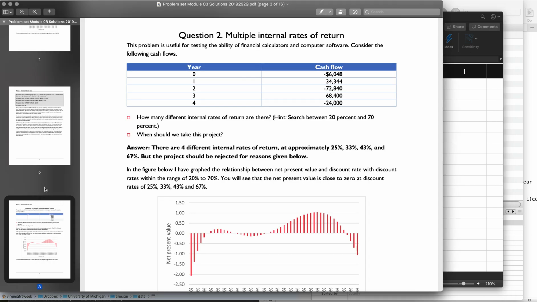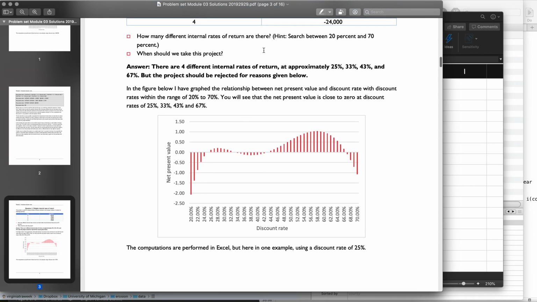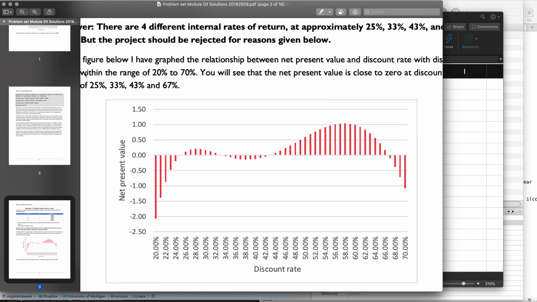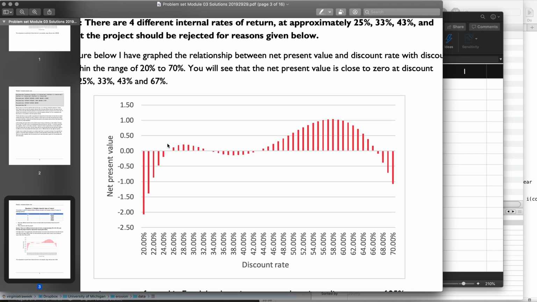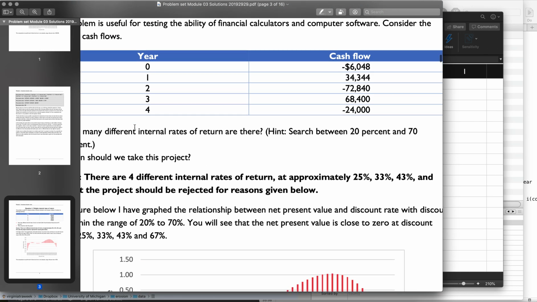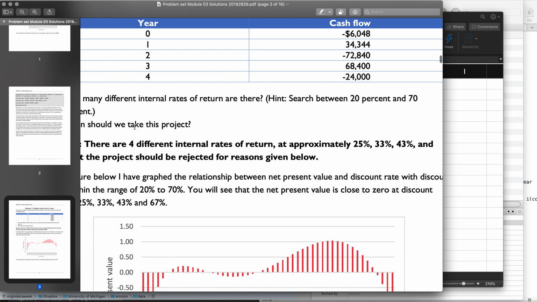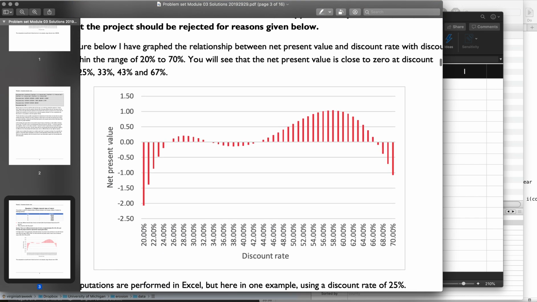So if you notice, I'm going to zoom in on this graph. Even though these cash flows are in the 1,000 range, they're huge cash flows, the NPV goes from negative $2 up to like 50 cents, down to like negative 25 cents, up to $1, and down again to minus $1.